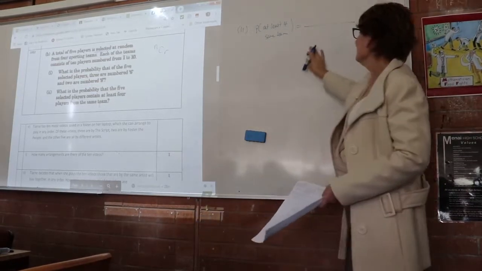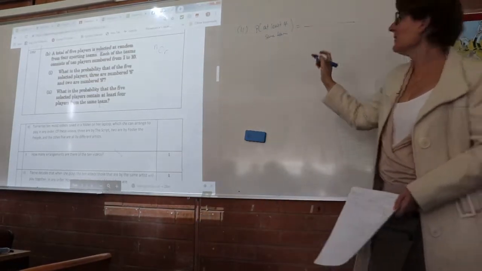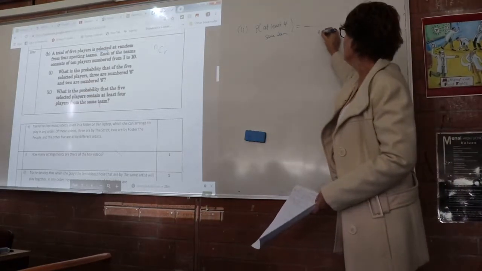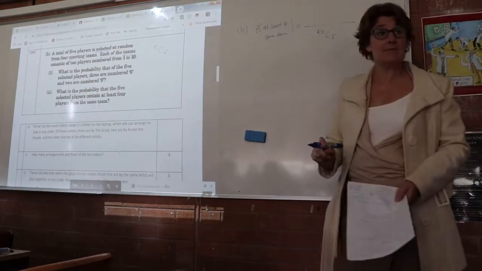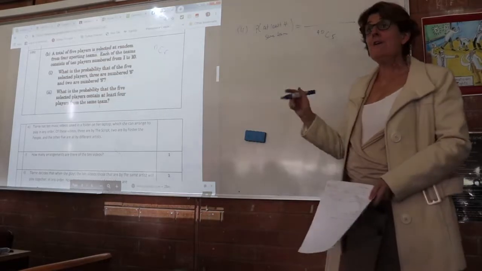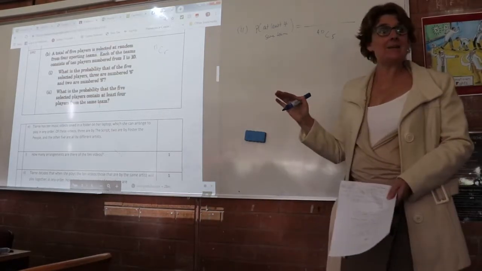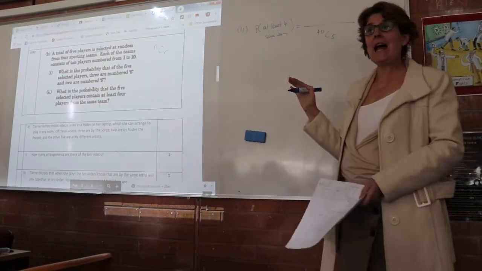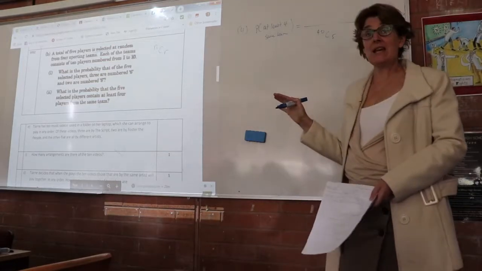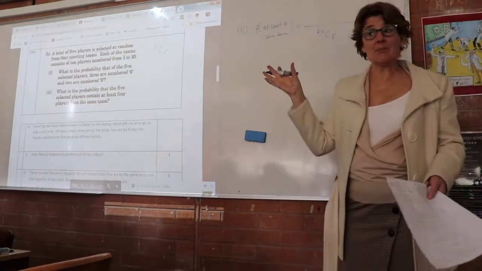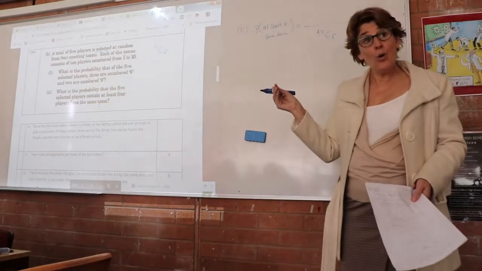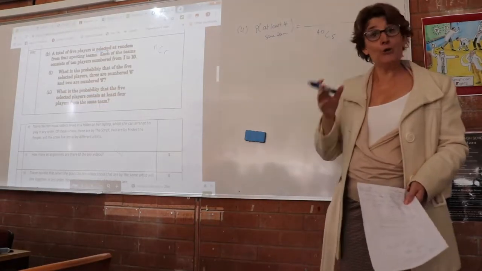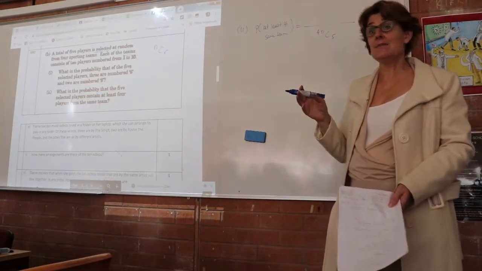Now, again, the unrestricted, we're still choosing 5 people from a total of 40, okay? If I've got at least 4 from the same team, then I could have 4 from the same team and 1 from a different team, because I've got to make 5 altogether, or I could have all 5 from the same team, yeah?